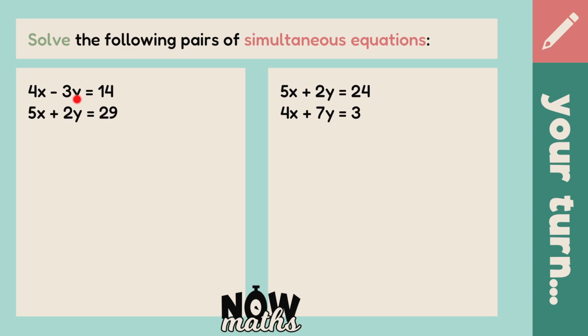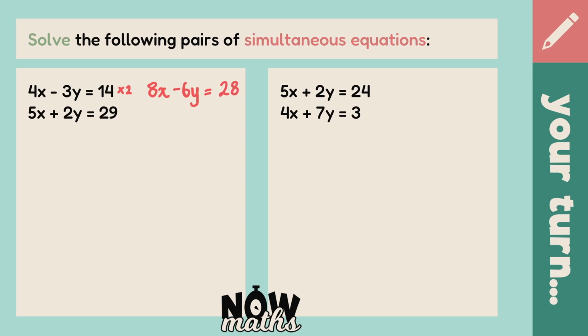If we're going to make 3y into 6y, we're going to have to multiply this first equation by 2. So multiplying the first equation by 2, 4x multiplied by 2 is 8x. Then negative 3y multiplied by 2 is negative 6y. And 14 multiplied by 2 is 28.